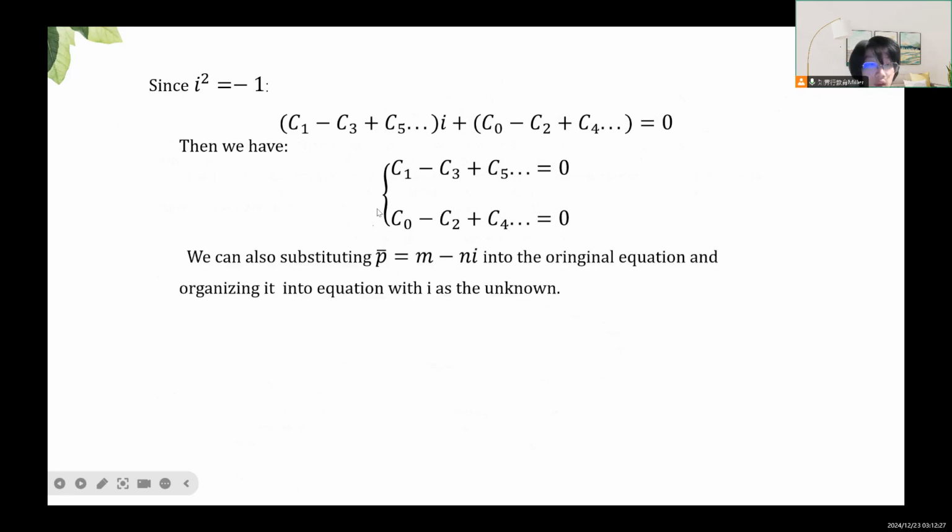And we can also substitute p equals m minus ni into the original equation and organize it into an equation with i as the unknown.